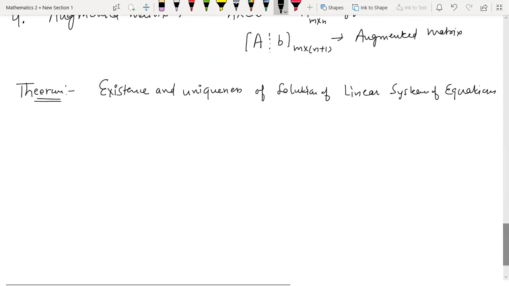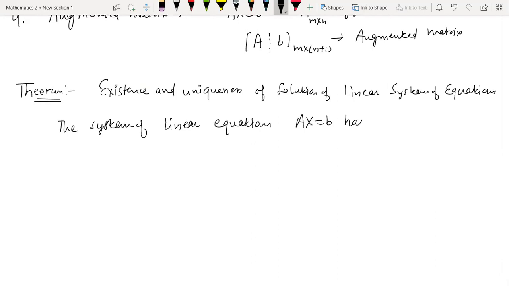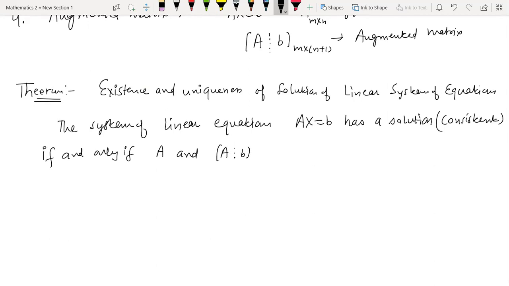The result says that the system of linear equations AX = B has a solution, which means it is a consistent system, if and only if A and the augmented matrix [A|B], that means the coefficient matrix and the augmented matrix, have the same rank.